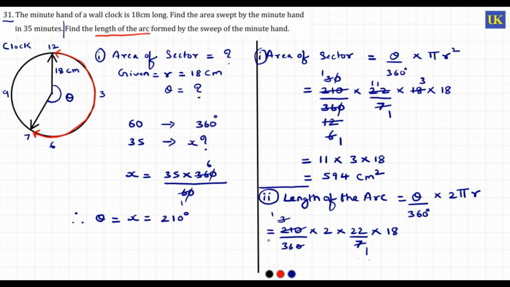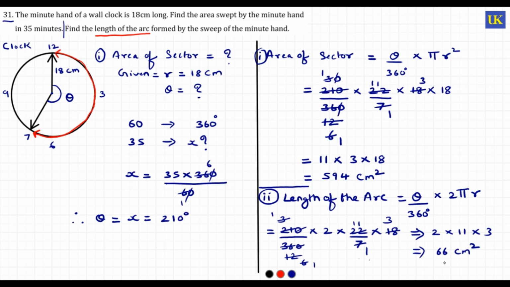So 3 ones are 3 and 3 ones are 3, 3 twos are 6. 2 sixes are 12 and 2 ones are 2, and 6 ones are 6 and 6 threes are 18. So what we are left with 11, and also we have 2, right? So we are left with 2 into 11 into 3, which is nothing but 66.